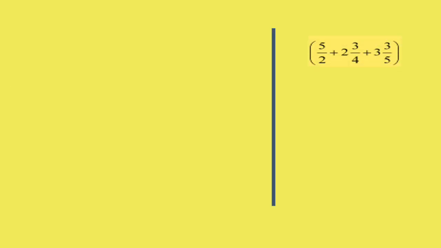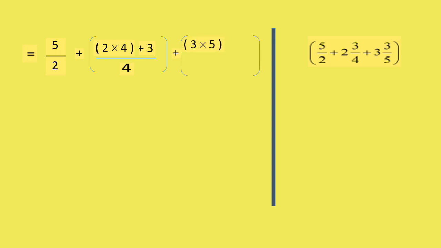I have written the same thing here. First write 5 by 2 here, then 2 into 4 plus 3 by 4, next plus 3 into 5 plus 3 by 5 like this.